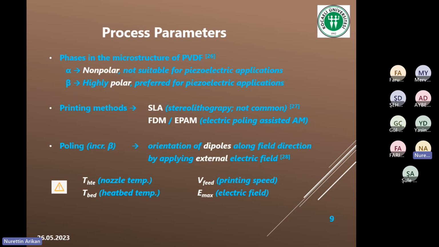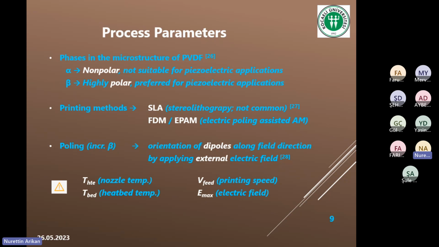And I don't want to say it long and sum it up here. In the microstructure of PVDF, there are principally 4 phases, but sigma and delta and gamma phases are not commonly found. Here, alpha and beta are very important.